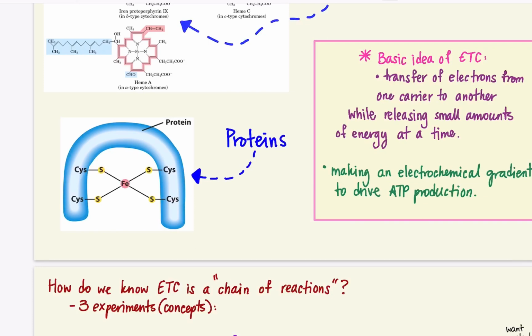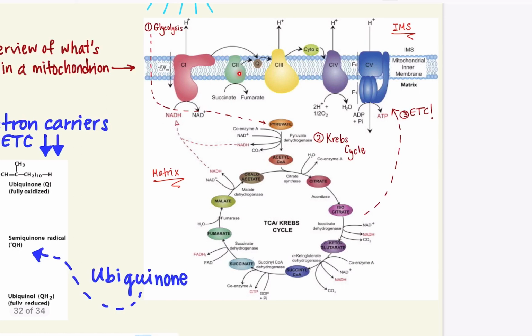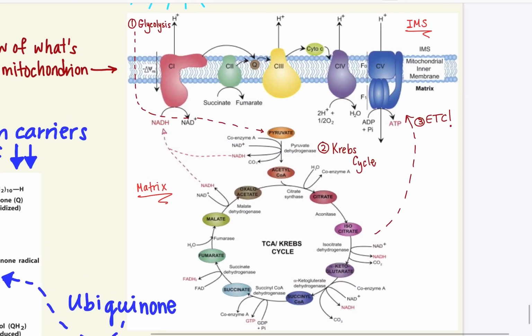Several of these proteins contain sulfur and iron complexes. Hopefully that makes sense, in that each of these proteins and molecules has its own way of carrying electrons and passing them on via oxidation and reduction reactions.